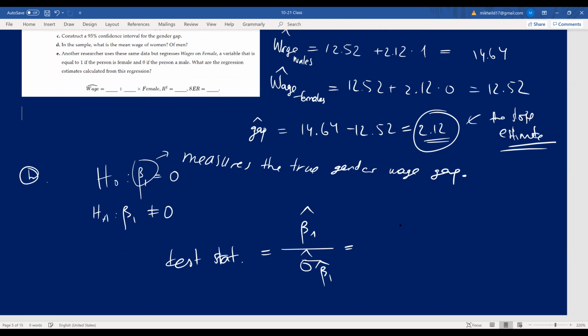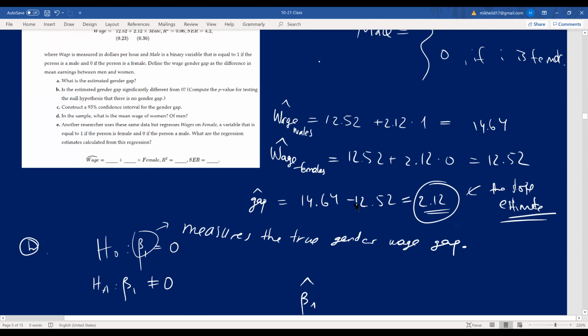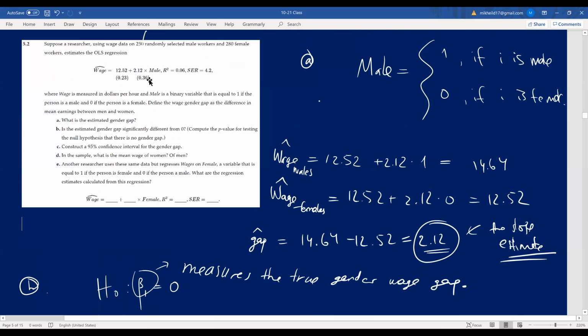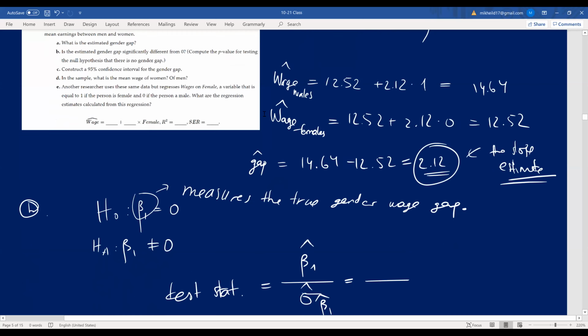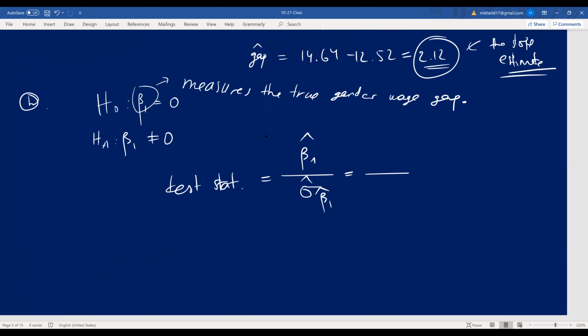That's 2.12 divided by 0.36, which is about 5.89.